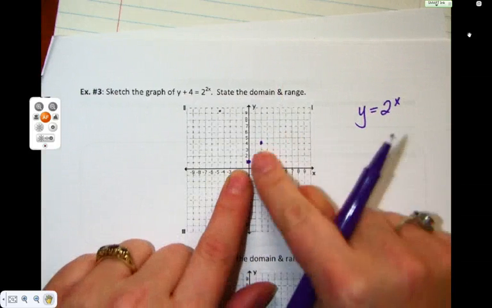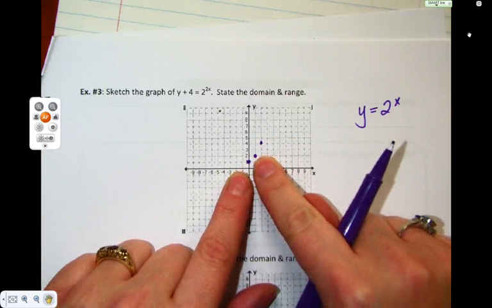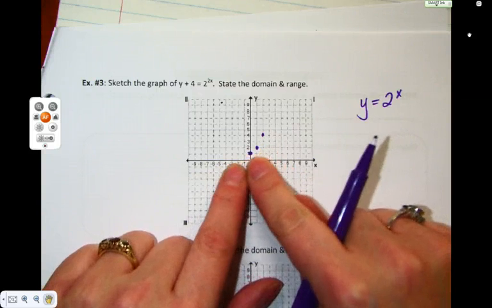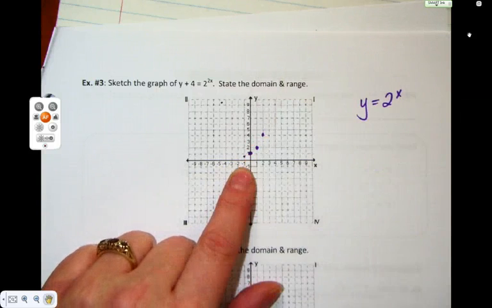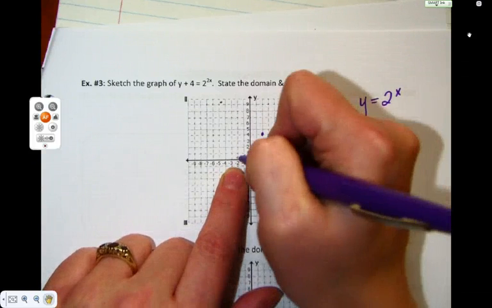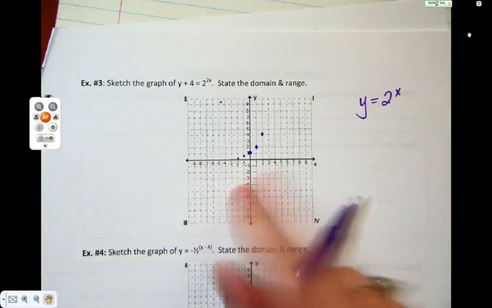Now to get the negative side, I'm just taking these values and making them fractions. So 2 is going to become 1 over 2, which is a half. 4 is going to become a quarter. If I want to keep going, I would have had 8. It would have been an 1/8, then a 16th, then a 32nd.